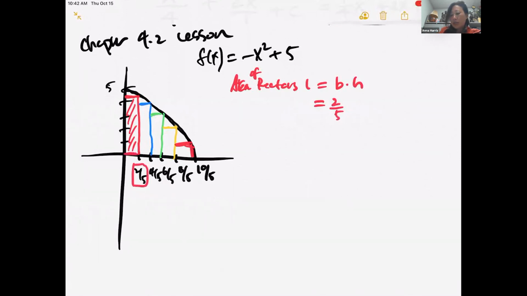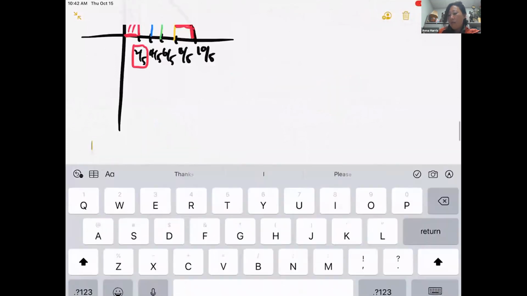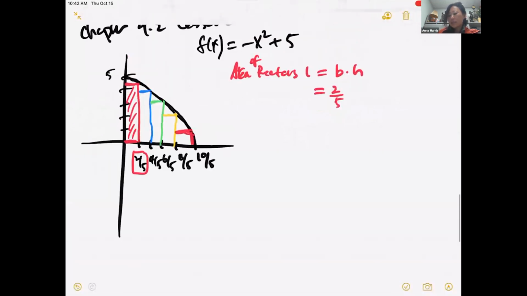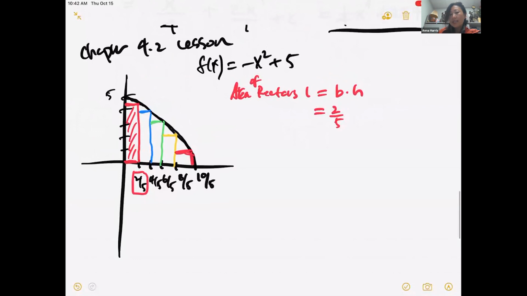So this right here is 2/5. By the way, in this case all my bases are 2/5. That's a common base, because they're incremented by 2/5.